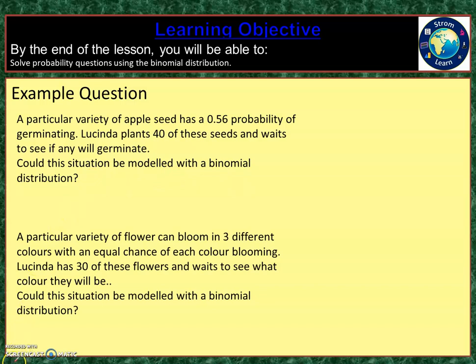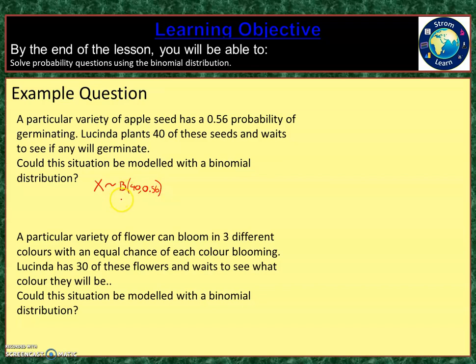And we can record that by saying X is a binomial distribution, and then we have a pair of brackets, and inside the brackets we put the parameters for our distribution, and there's two pieces of information included here. The first one is the number of trials, so in this case 40, and the second one is the probability of success, which in this case is 0.56.